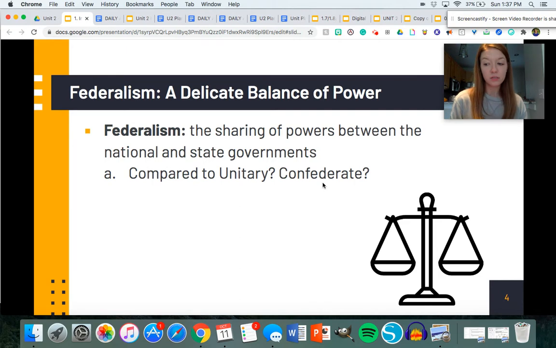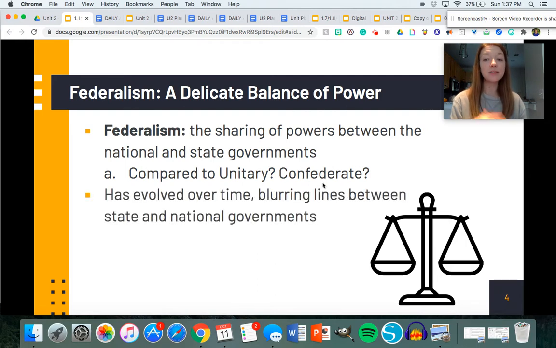So with federalism, we're seeing now that the national government has powers. The states have their own powers as well. And then there are powers that we see them sharing as well. This has evolved over time. Honestly, at the time when we were founding our country, the different needs of the 13 states really necessitated this federal system.